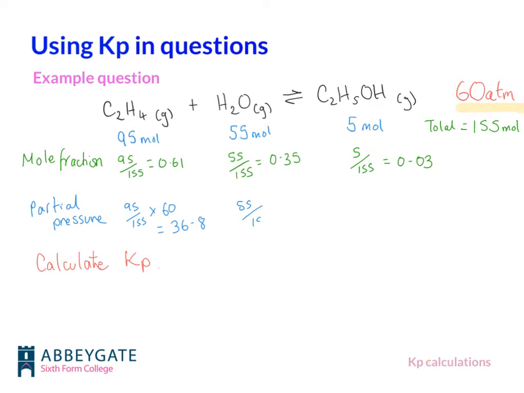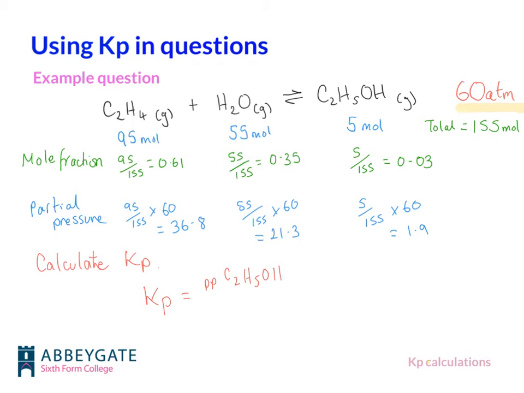And then the 55 over 155, or the 0.35 times 60, is going to give us 21.3. And again, for the ethanol, we've got our 0.03 times 60, which comes out as 1.9. If I add those all up, they should add up to 60 atmospheres, because all I'm doing is working out what fraction of the 60 atmospheres comes from each of the different gases.